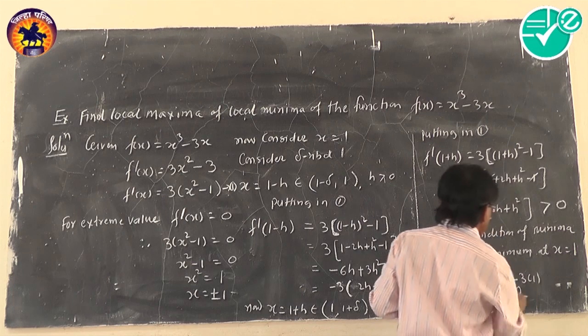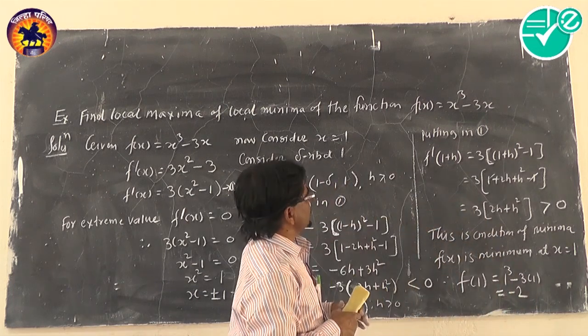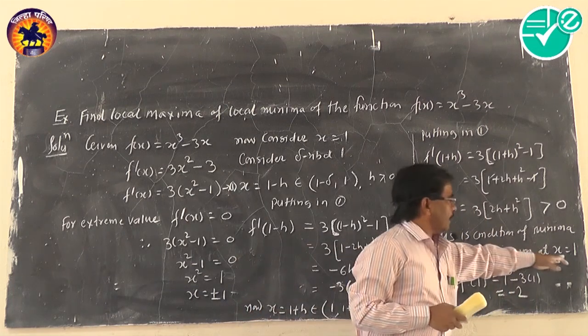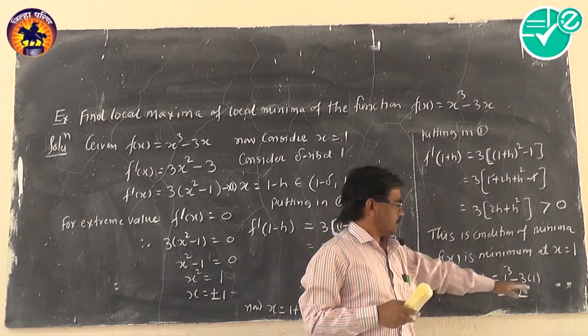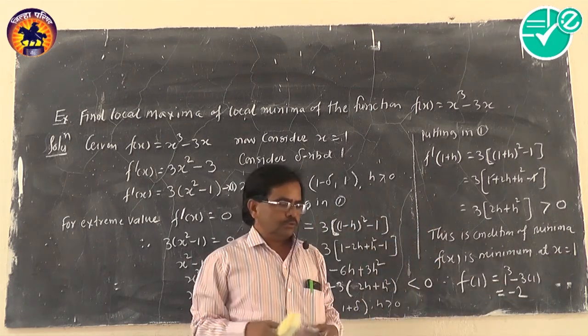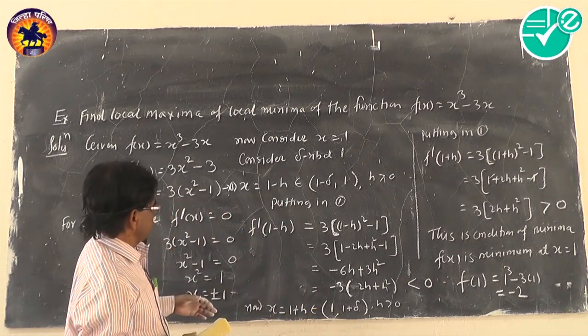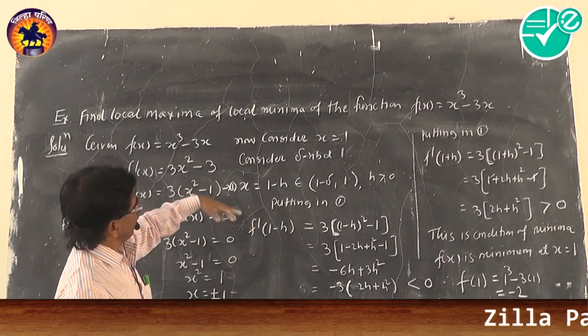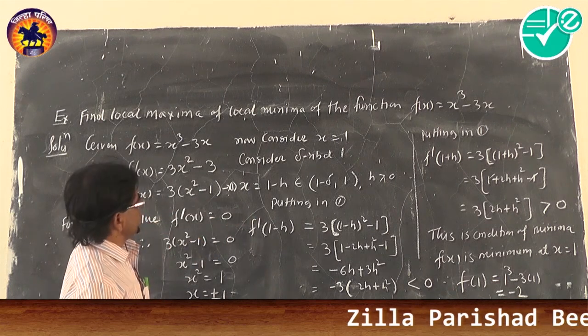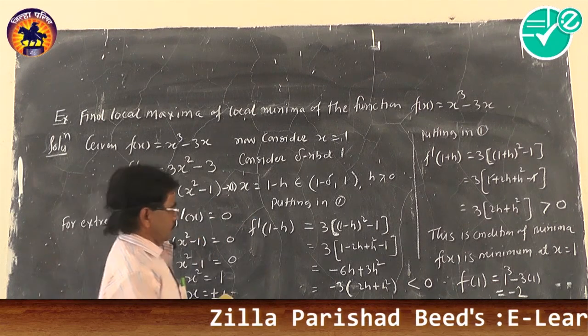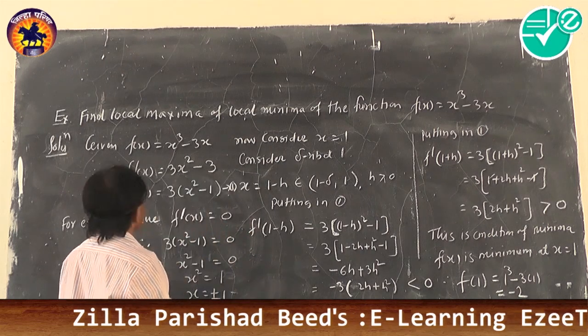The minimum value of the function is minus 2, and that point is x is equal to 1. Now you can test the other value, that is x is equal to minus 1, as homework. You can solve.